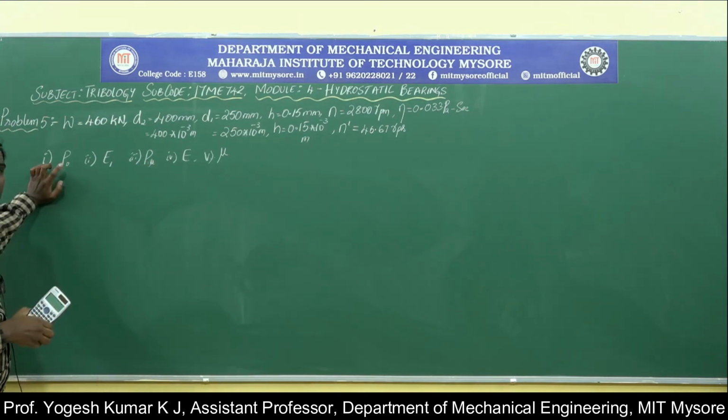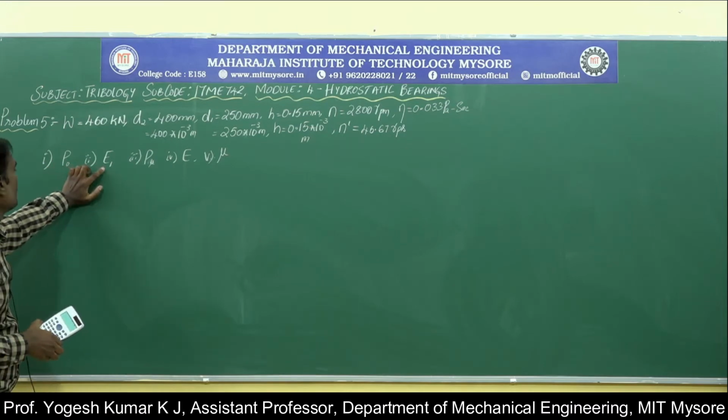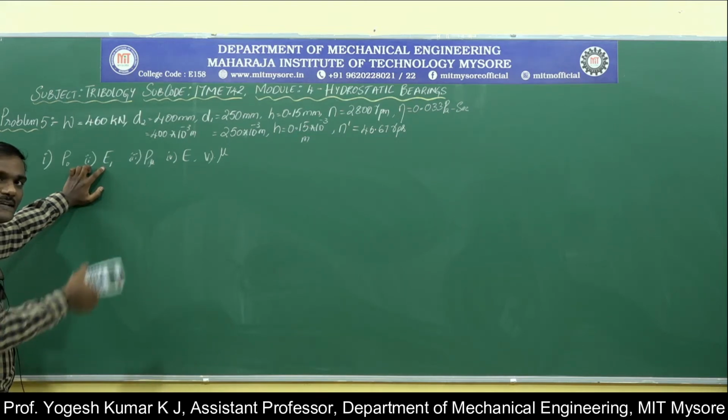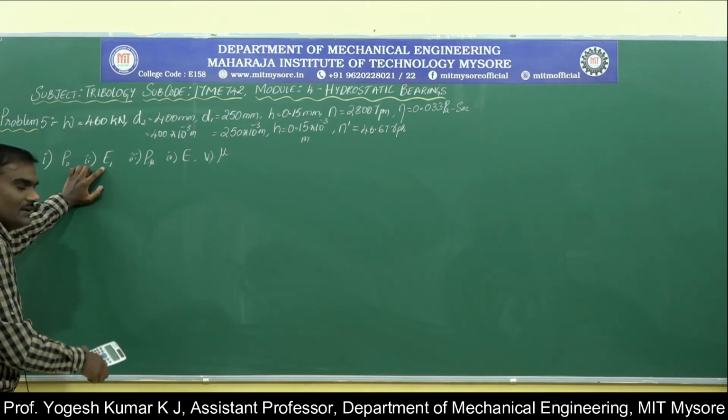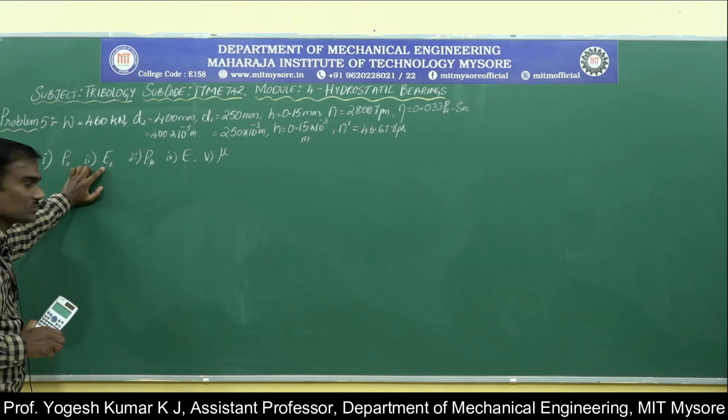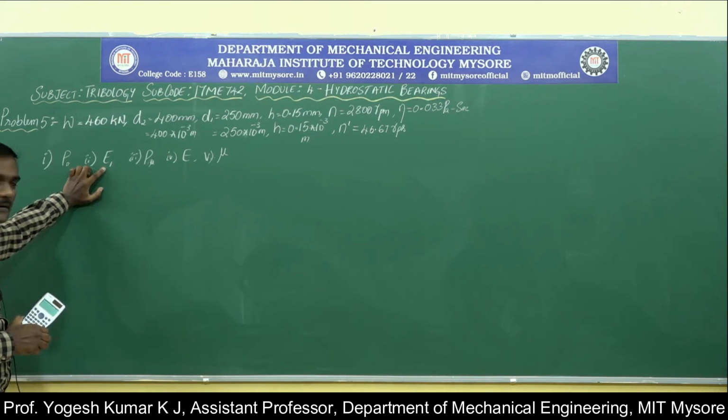Then the inlet supply pressure is denoted with P naught. Energy lost in pumping the fluid, that is the flow of fluid inside the bearing chamber, which is going to take into consideration the external pressure and the supply pressure. We will have that equation.